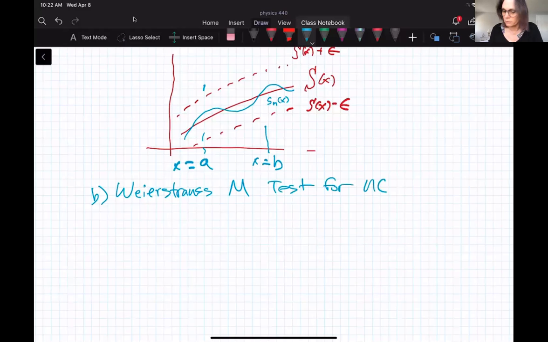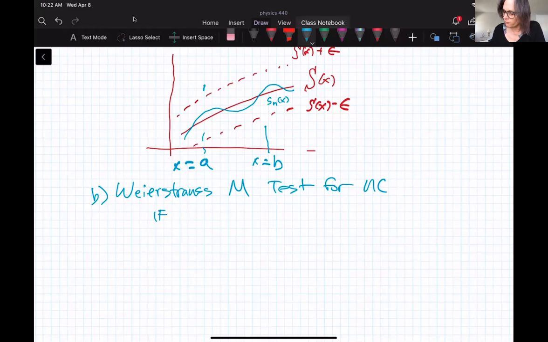for uniform convergence. The idea here is pretty similar to the things that we've seen before, especially when we look at something like the Cauchy test. We're basically going to compare the function to a sequence that we know converges.